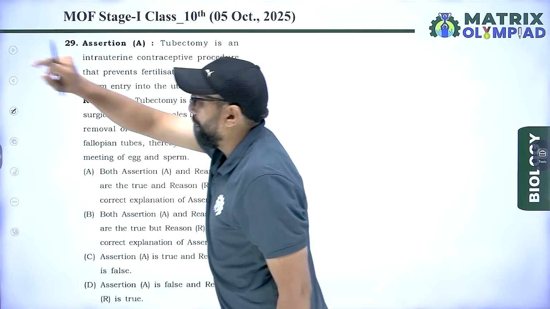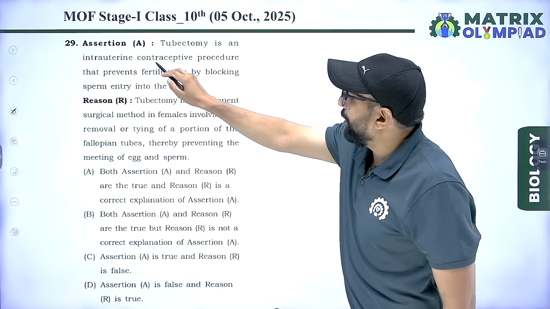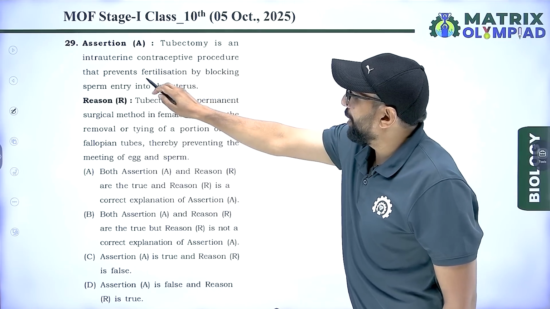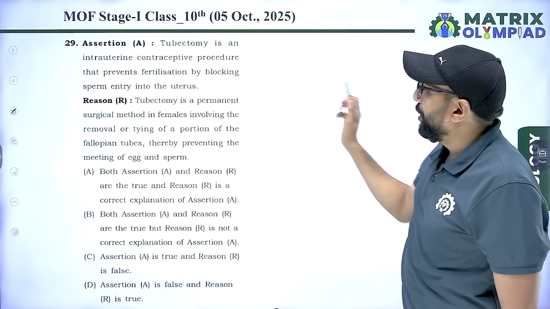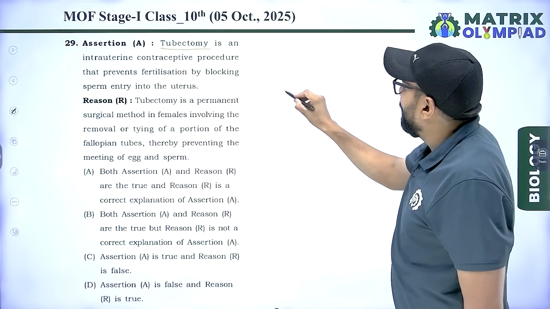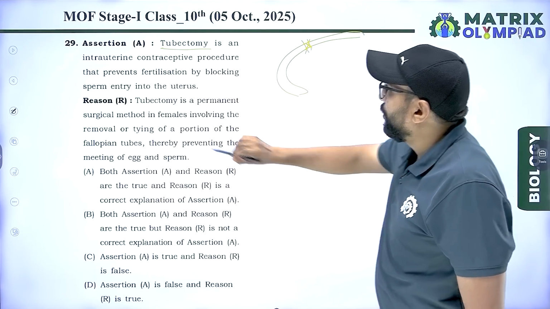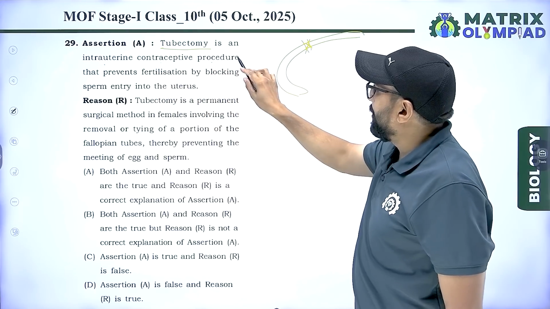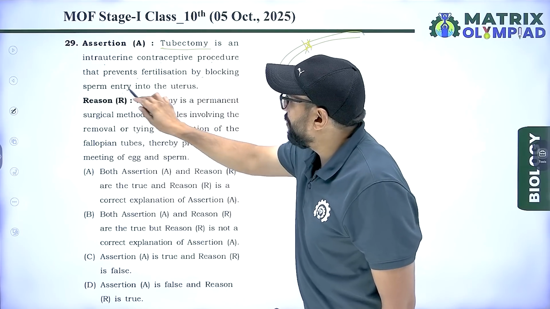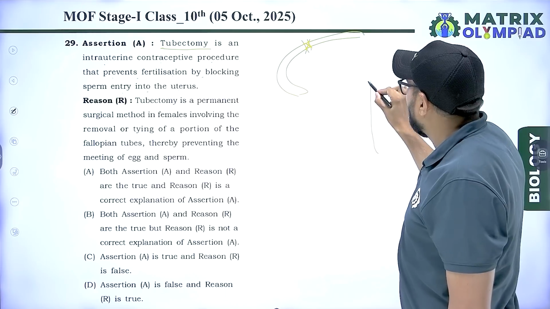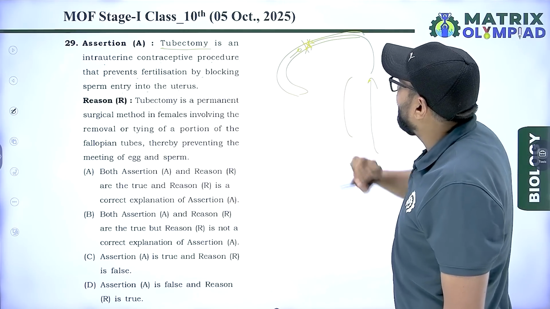Next question. Assertion A: Tubectomy is an intrauterine contraceptive procedure that prevents fertilization by blocking sperm entry into the uterus. Tubectomy is a procedure that cuts or blocks the fallopian tube. If sperm enter the uterus but are not transferred, they do not fertilize the egg.